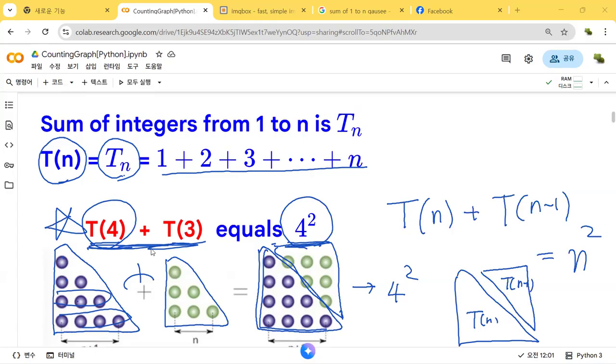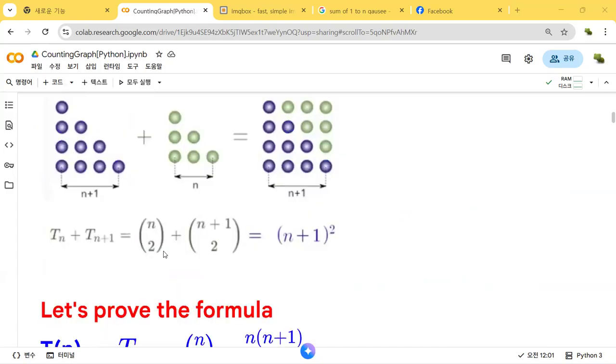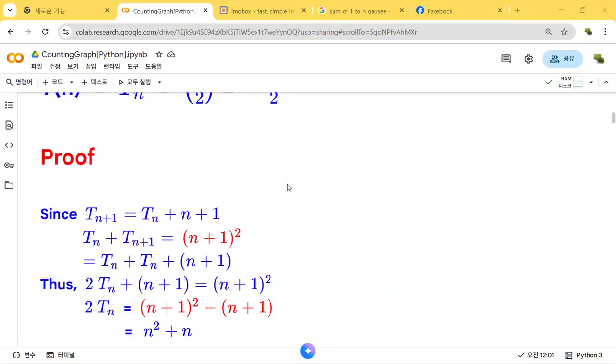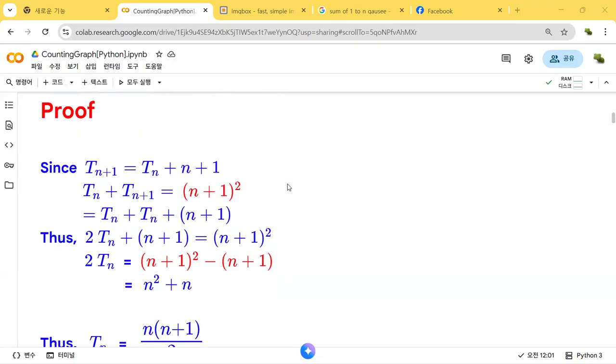Then from this one, you can prove the triangular formula in many ways. So, one of the methods is: by definition, Tn plus 1 is the sum of integers from 1 to n plus n plus 1.